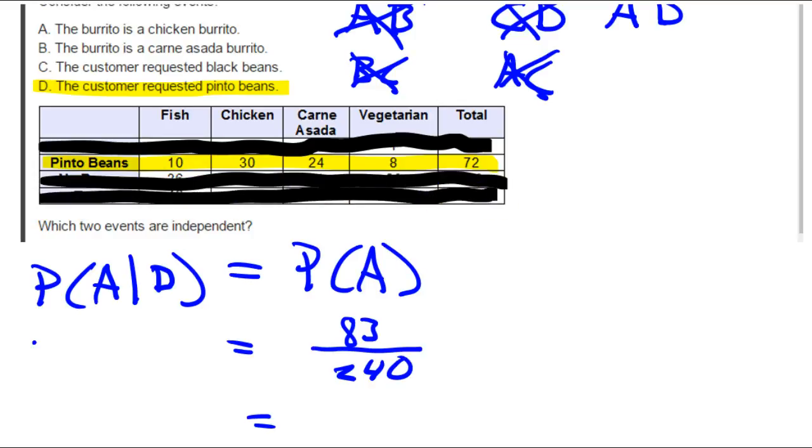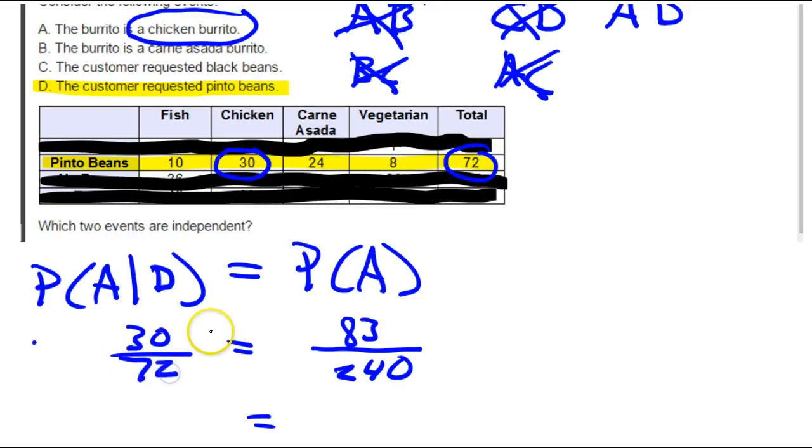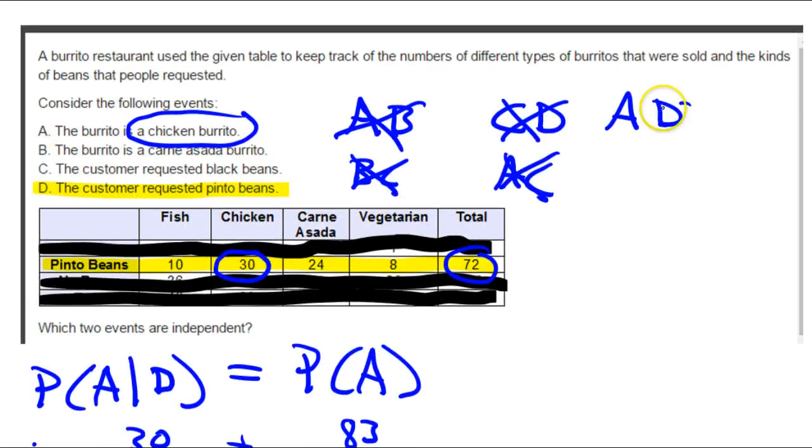In this world, what's the probability of A? A is chicken burrito. So we have 30 out of 72. That is not the same as 83 out of 240. So A and D are not independent.